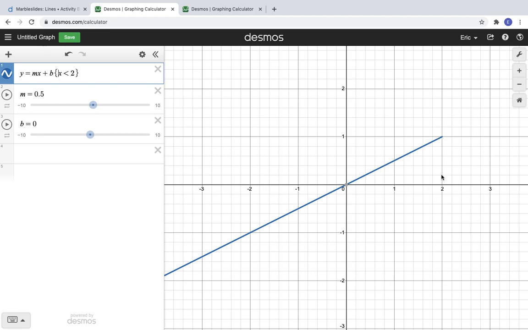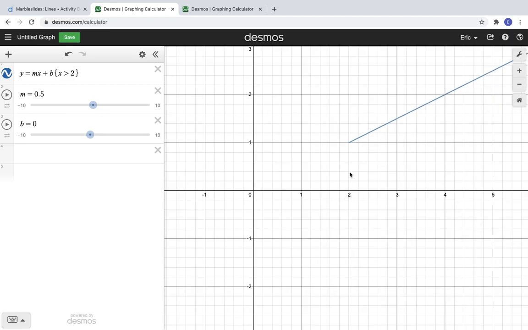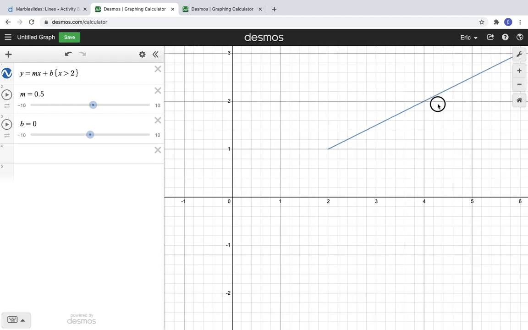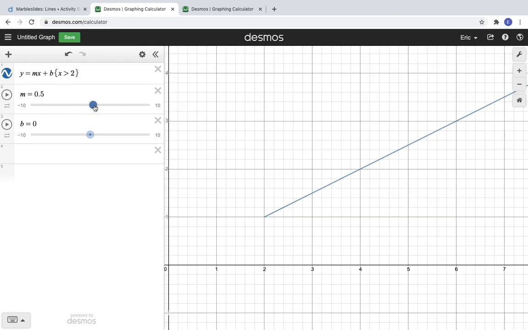So it's from positive 2 going to the leftmost. Or you can do the other way: x is more than 2. This is how it looks, from positive 2 going to the rightmost. So that is how we cut our line. That is the movement of our slope and our y-intercept.